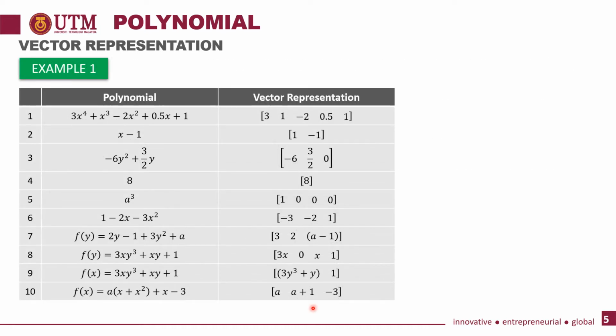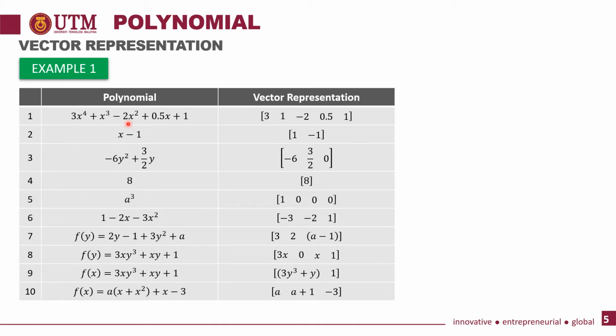So let's take a look at example number 1, which is all about vector representation. Example number 1 shows you how to convert from polynomial expression to vector representation. So basically, in order to convert from polynomial to vector, you only take the coefficients. What about the order?